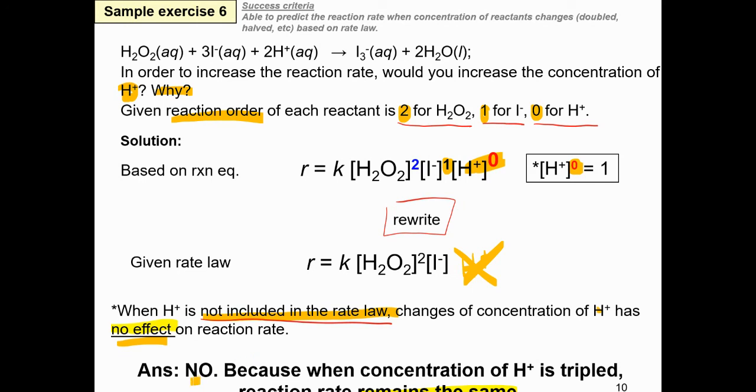So the answer is no, because even when the concentration is tripled, the reaction rate will remain the same. If let's say I negative increases, then surely the reaction rate will increase. So that's all for this part.